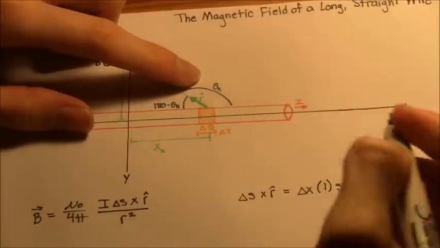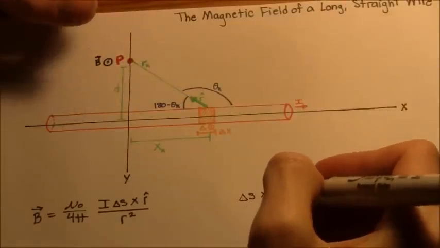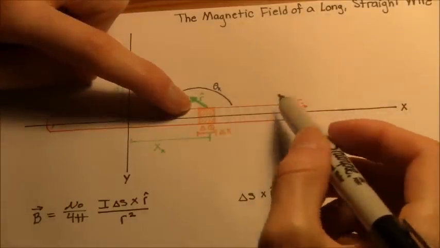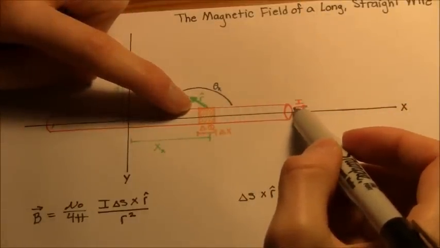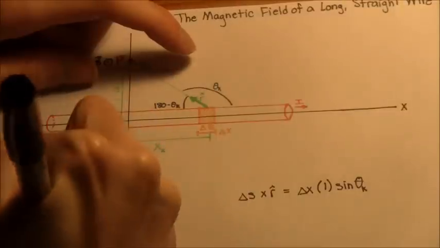Since the cross product breaks into the product of delta S and r sine theta, and the angle is between the r hat and the direction of the current. So using this, we can plug that back into our equation.